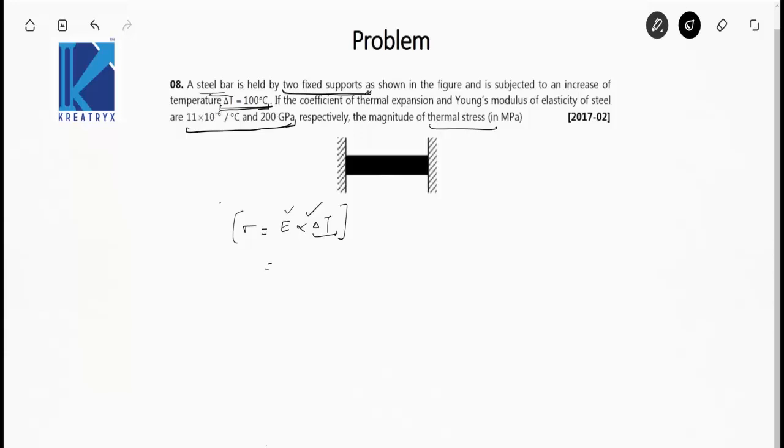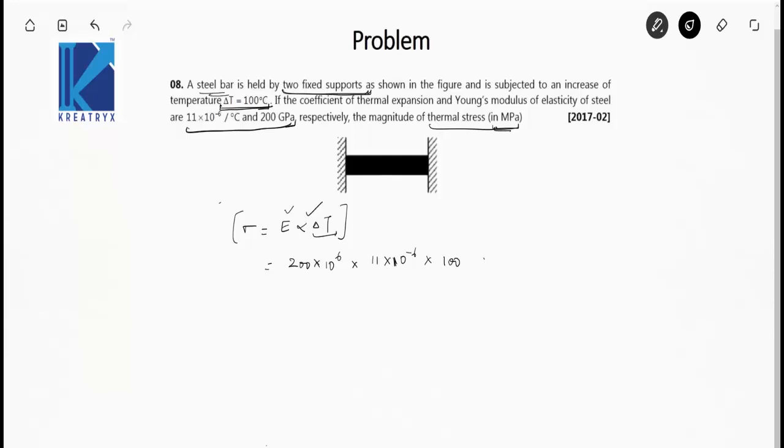Okay, so E is 200 gigapascal. I have to find the stress in megapascal. So 200 into 10 raised to the power 3 megapascal into alpha, which is 11 into 10 to the power minus 6 per degree Celsius, into delta T, which is 100 degrees Celsius.